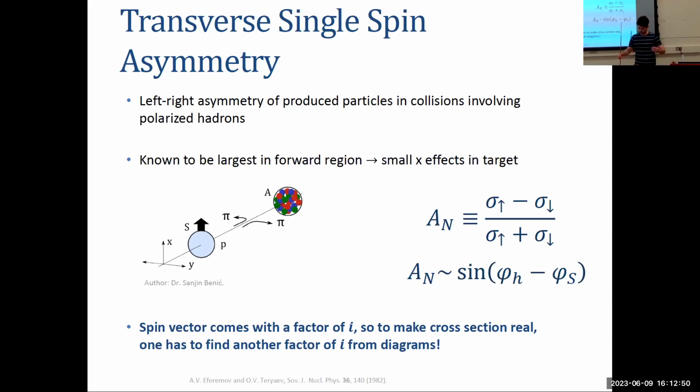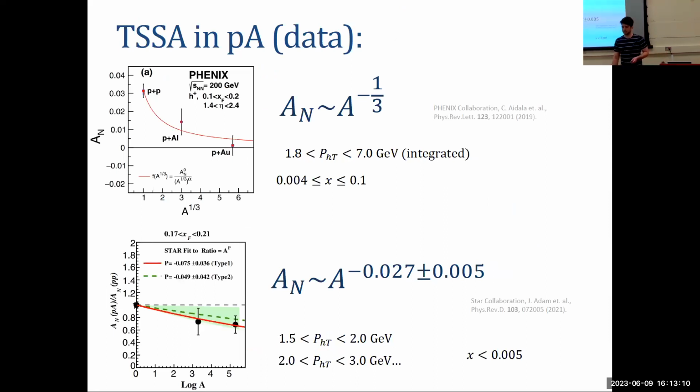I want to tell you that whenever you do calculations involving spin, you will always have an imaginary unit in the Dirac traces. So different approaches to finding this asymmetry are actually different ways to find an extra i, which will make the cross-section real. Okay, I will just give you here some experimental data.